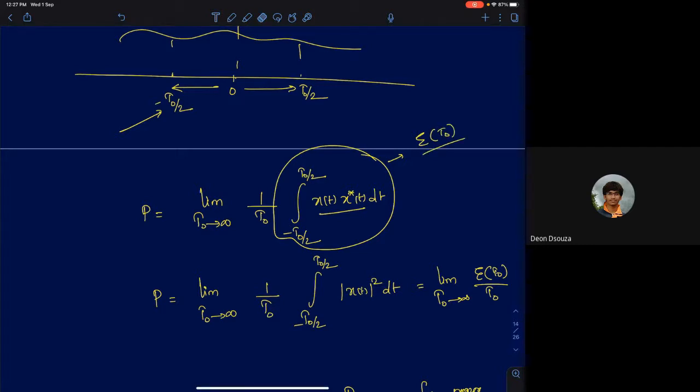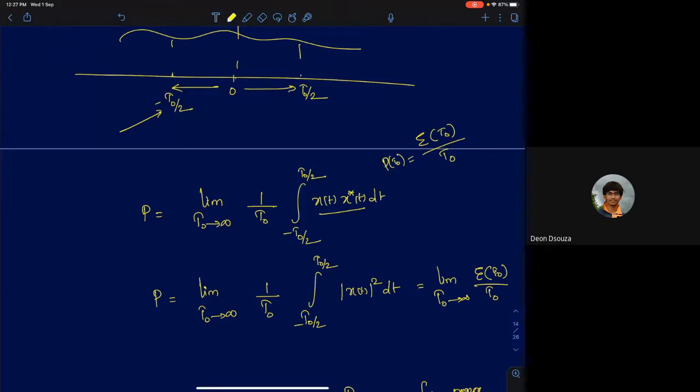In case of power, by definition, it is the rate of doing work. So you find this energy and compute its average. Divide it by the time interval for which you are integrating it. Then what you get here is P of T naught.